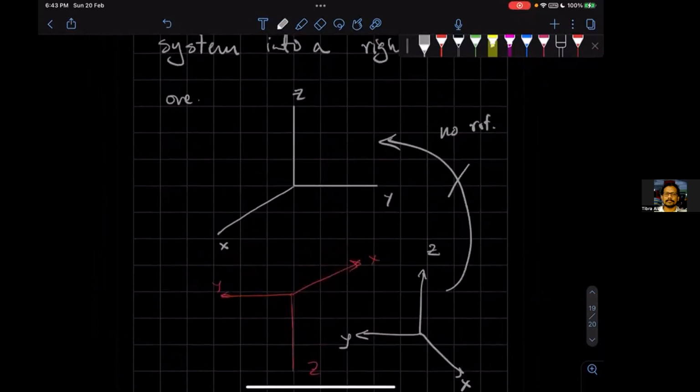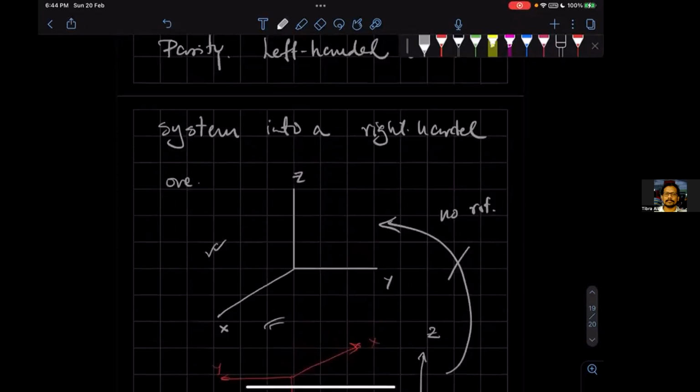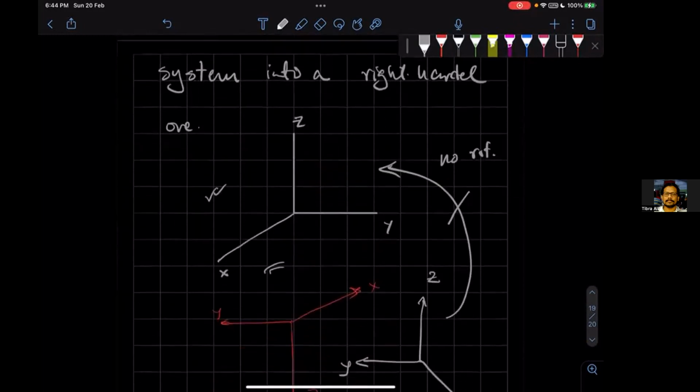So this is a left-handed, I think this is a left-handed, right? No, this is a right-handed, sorry. This is a right-handed coordinate system, and this is a left-handed coordinate system. So this is an example of an element of O3 that is not a rotation.